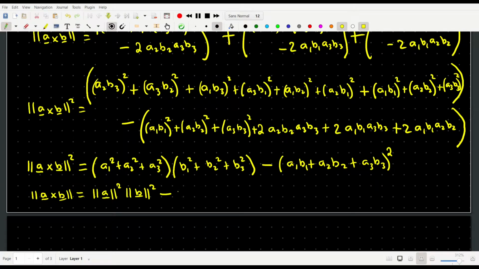So this thing squared is going to be the length of A squared times the length of B squared times cosine squared of theta. I can factor out this squared term and this squared term to get 1 minus cosine squared theta, or the length of A squared times the length of B squared times sine squared of theta.